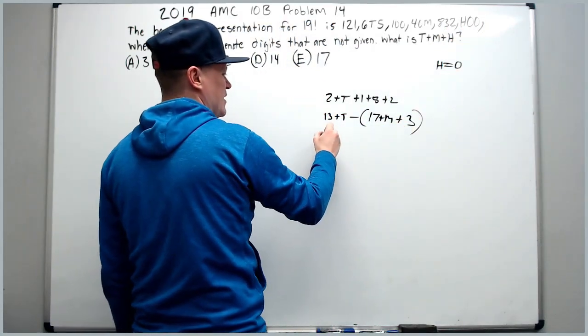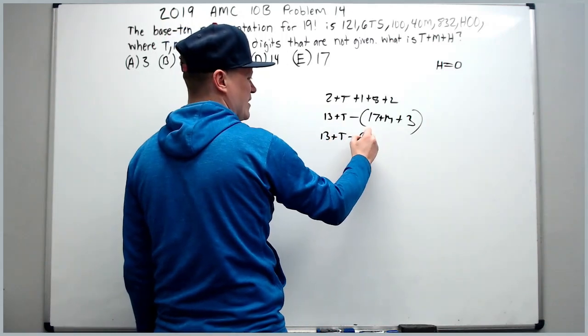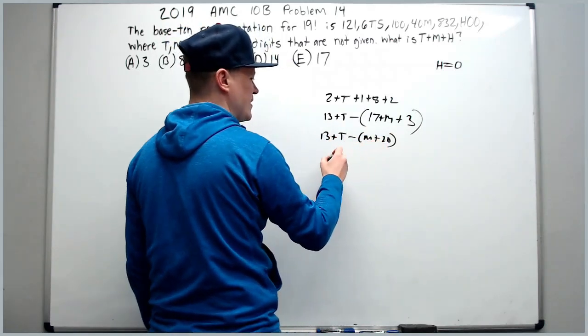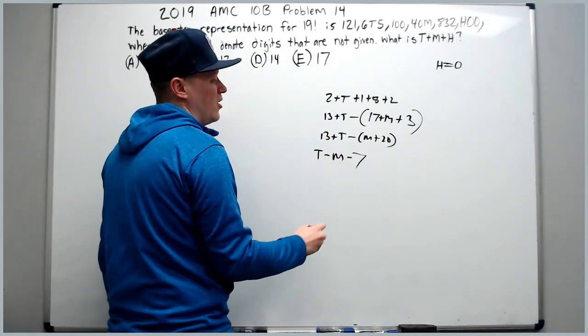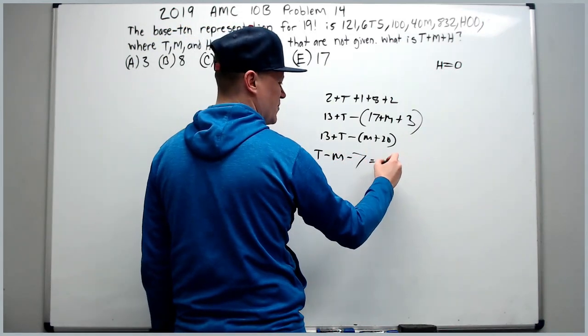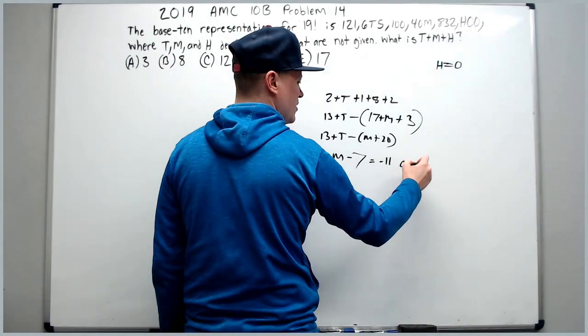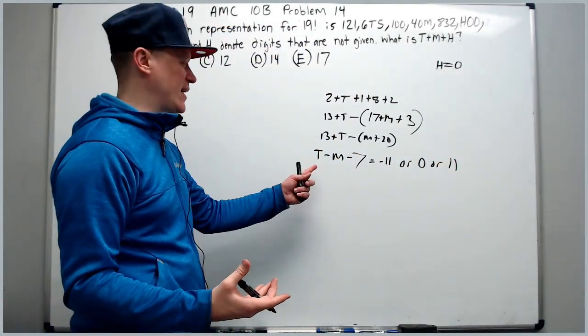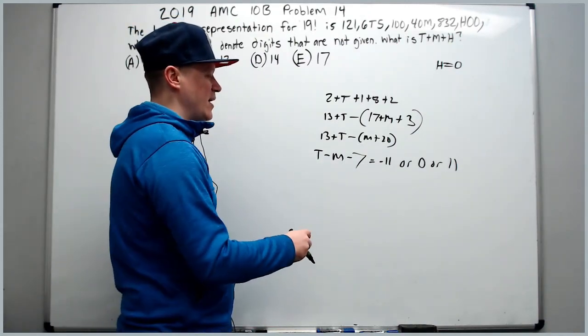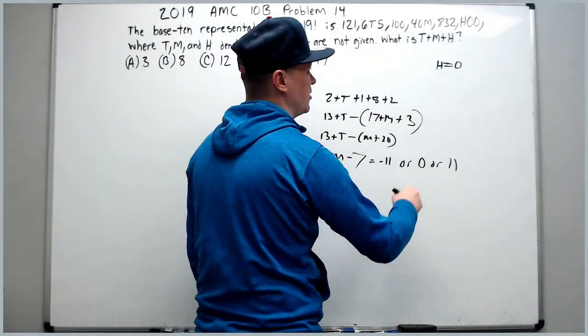So I get 13 plus t minus m plus 20. That is t minus m minus 7. Okay, this needs to equal something like negative 11 or 0 or 11. It could be 22, but it's highly unlikely. Actually, it probably couldn't be. But just try these out for sure.